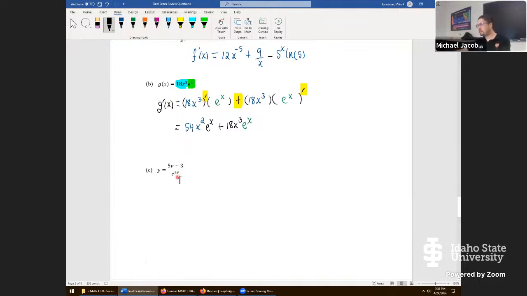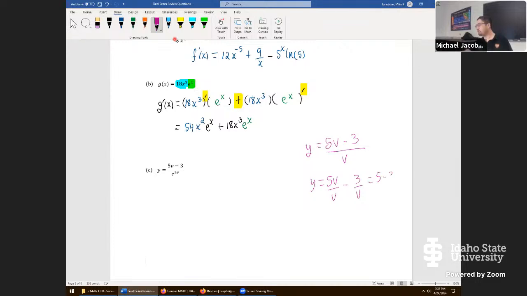So now on this one, thing to keep in mind is if you had a function that went like this one, y equals 5v minus 3 over v, this one is not the quotient rule. This one's a freebie. What you would do is write out y equals 5v over v minus 3 over v.